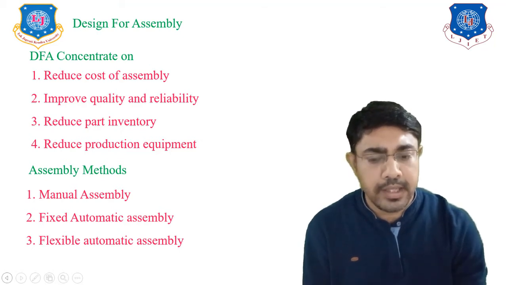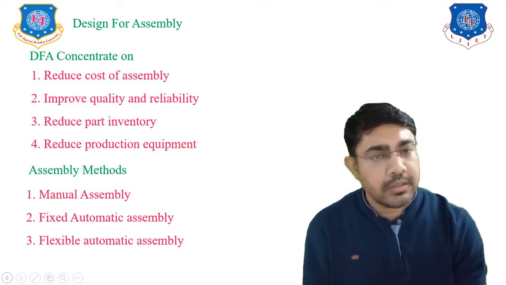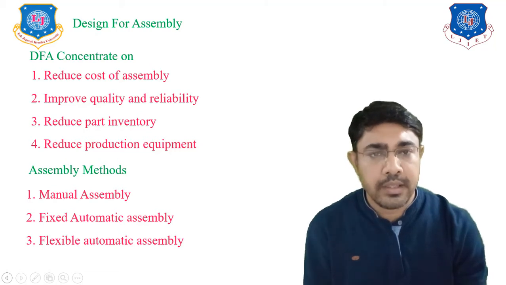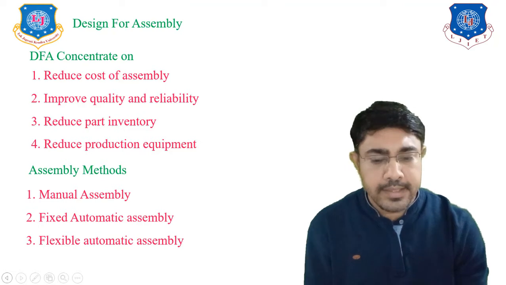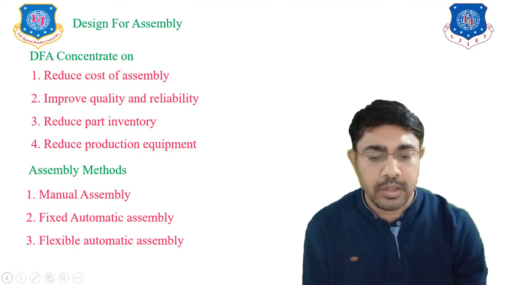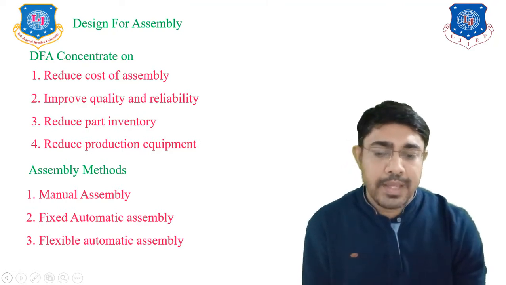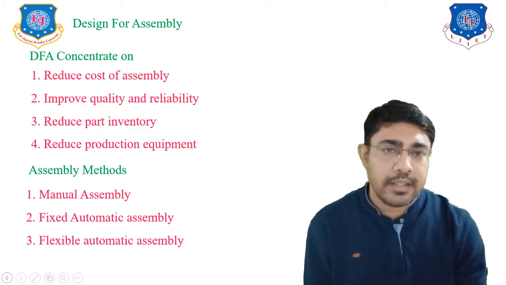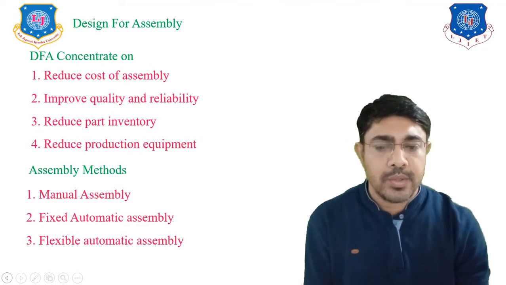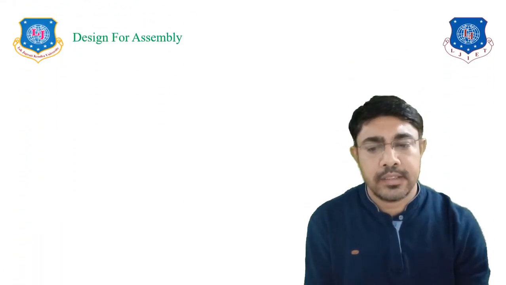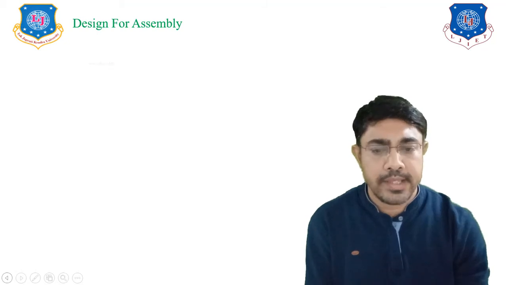First is manual assembly, where assembly is done by laborers or workers. Second is fixed automatic assembly, and third is flexible automatic assembly. Based on the assembly method, there are variations in the design for assembly guidelines. So let's start the guidelines for design for assembly.